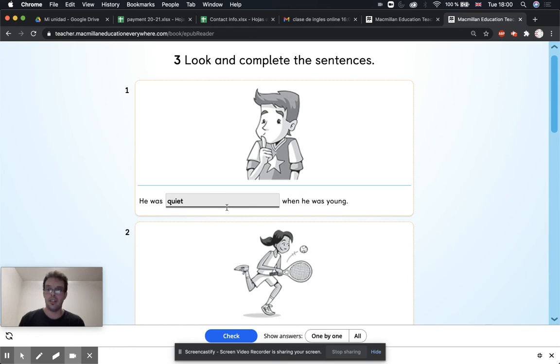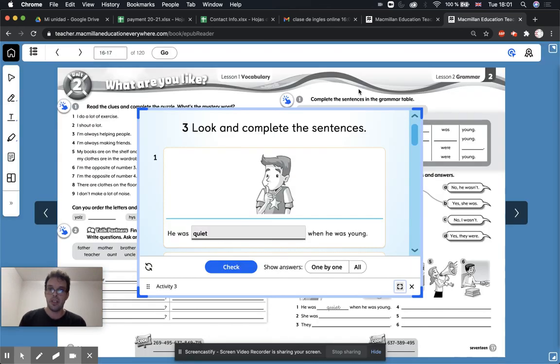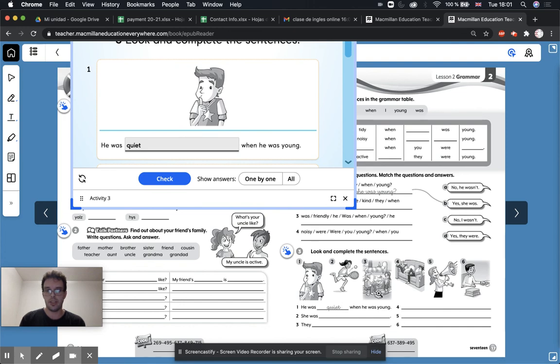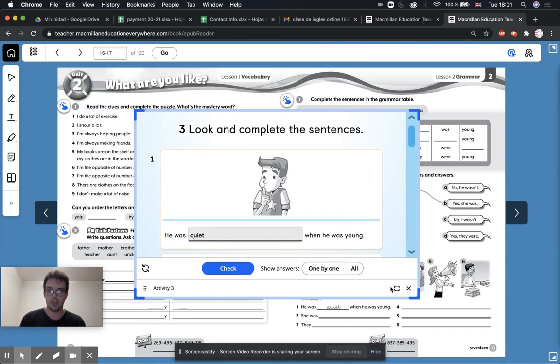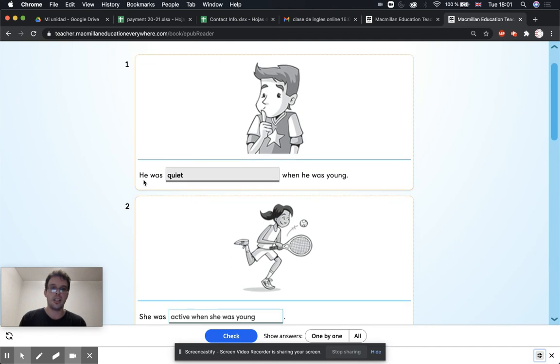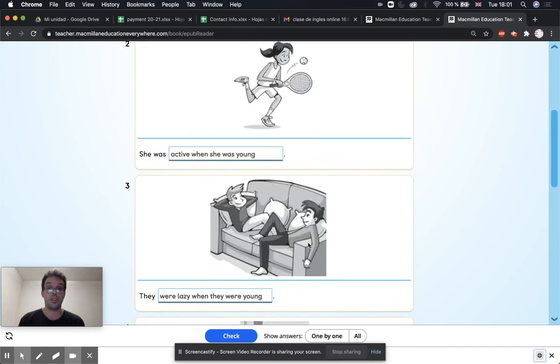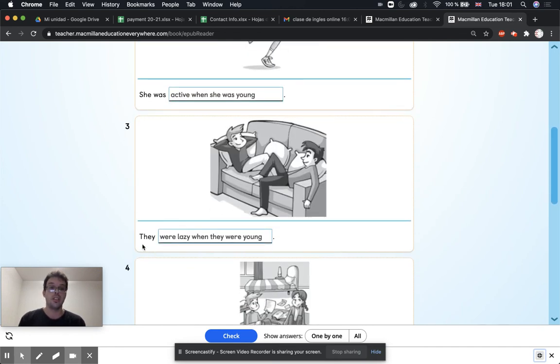So let's go through again, okay? And remember, all these phrases you have to write in exercise 3 in your book, okay? So let's look at the phrases again. Number 1, he was quiet when he was young. Number 2, she was active when she was young. Number 3, they were lazy when they were young.